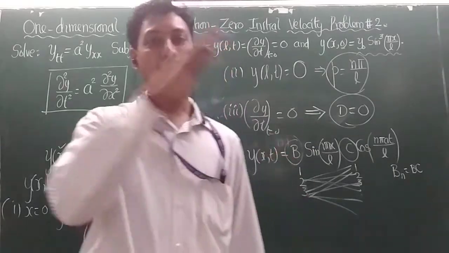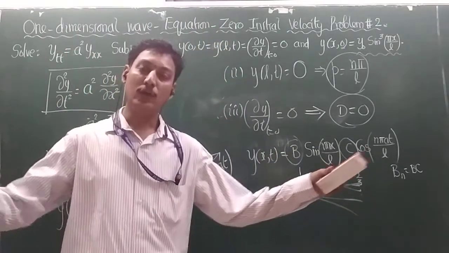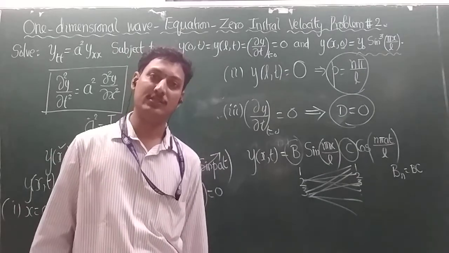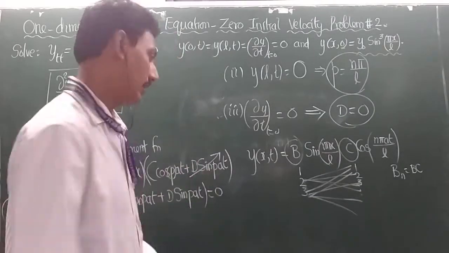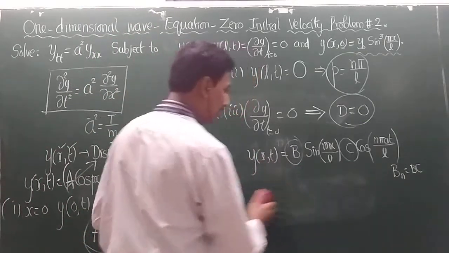Among all possible solutions, let us accumulate all feasible solutions. We will get the most general solution. What is the most general solution?